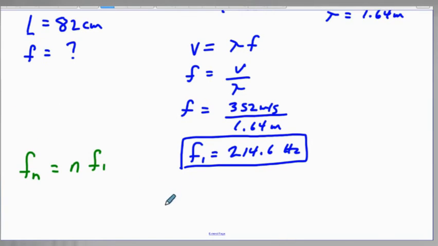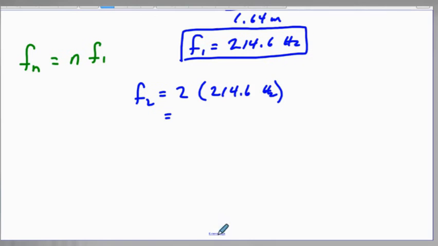If I want to know the second one, F2, I just take my original 214.6 hertz and multiply it by 2. That's going to give us 429.3 hertz. There's some rounding here, I didn't go with the significant digits.